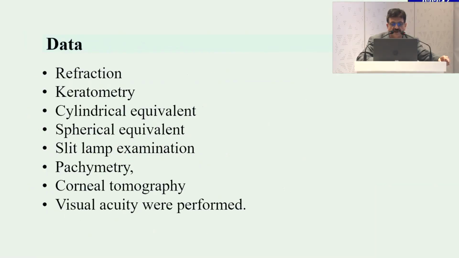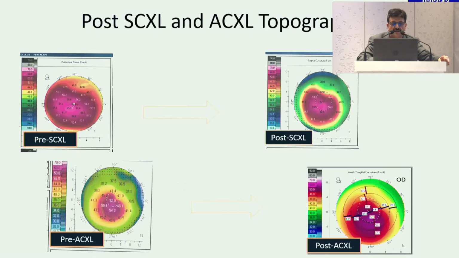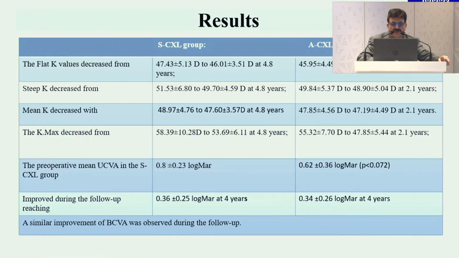These are some of the parameters which we recorded retrospectively. These are some of the cases where we did standard CXL, and the post-CXL topography is much better. And again in the accelerated collagen cross-linking, the topography is better.